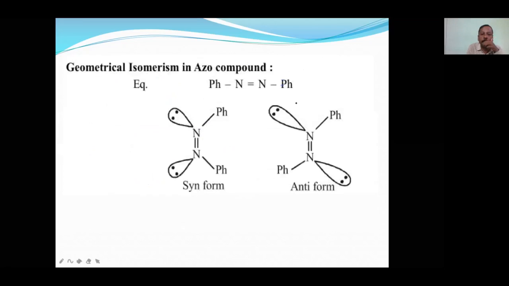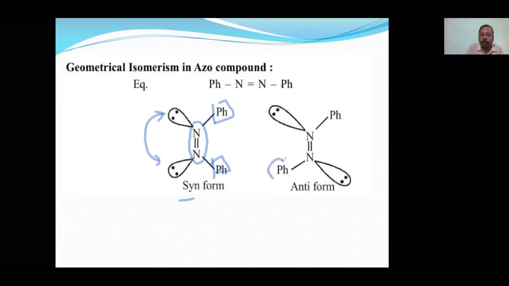Now next, geometrical isomerism in azo compounds. Azo, I told you, involves nitrogen. In this double bond nitrogen, there will be a lone pair. You can say lone pair on the same side, or groups attached on the same side, then it is called syn.